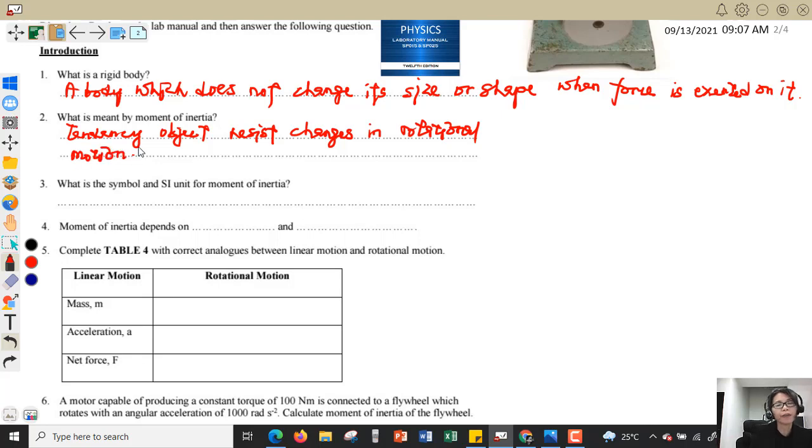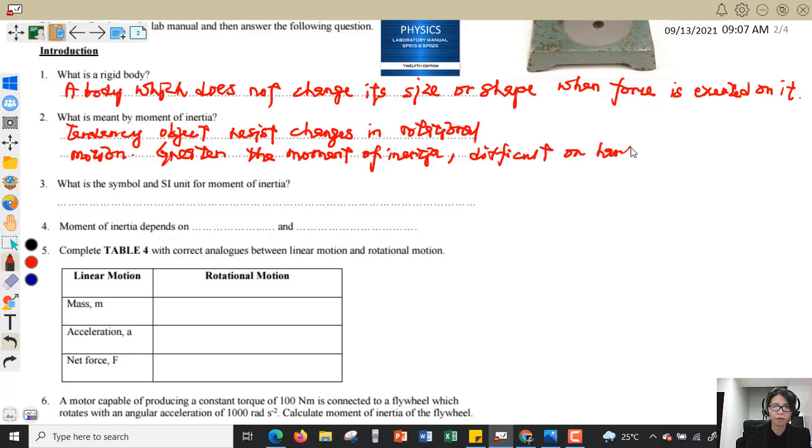So basically, the greater the moment of inertia, the more difficult or hard it is for the object to rotate. From the moment of inertia, we might know whether the object is easy or hard to rotate.